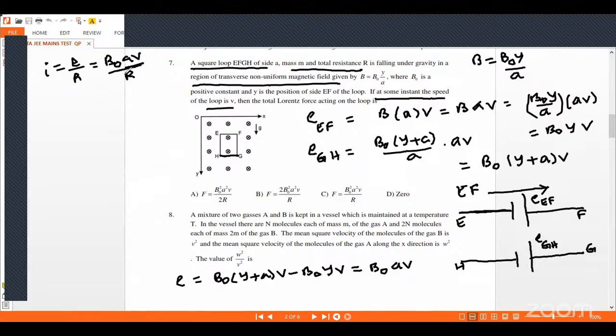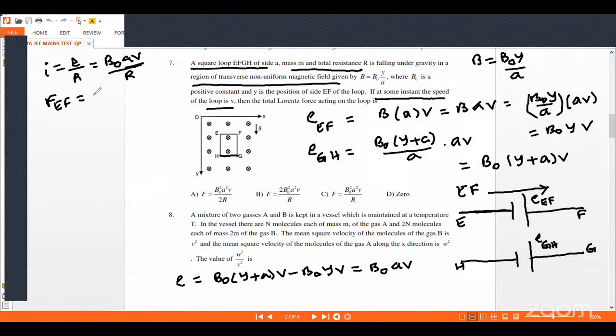So, correspondingly, force along EF. Force, I can write it as BLV, or we can write as BIL.